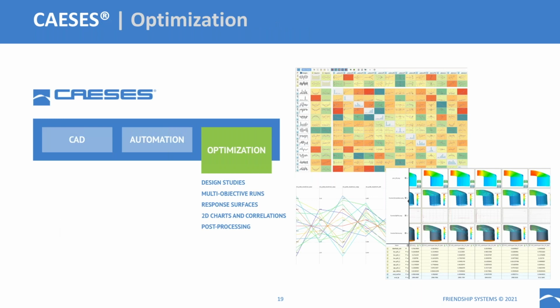the actual optimization. And this is the third component that is available within CAESES, the optimization environment that provides all the necessary tools to run an optimization or parameter study, which means all the algorithms that you need for that, but also ancillary tools like data management.